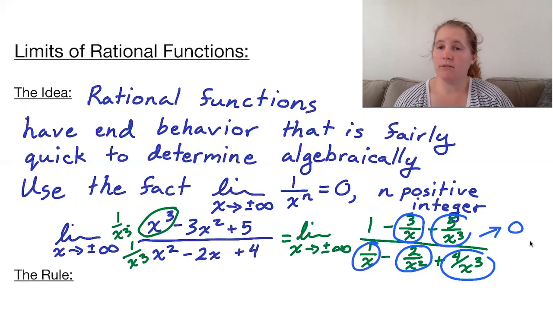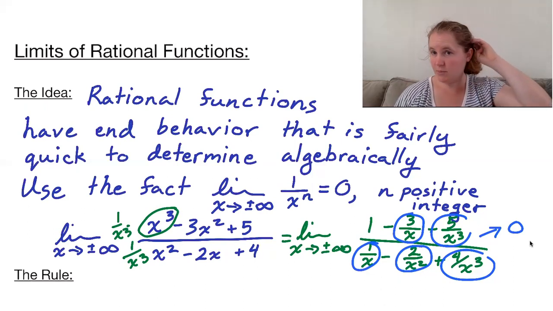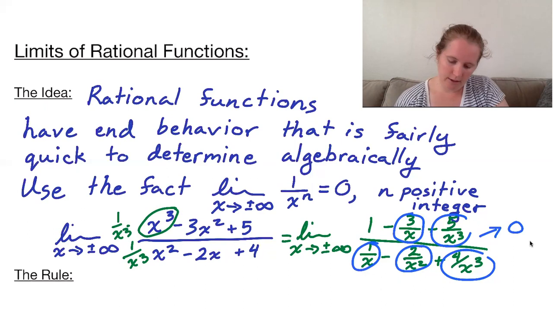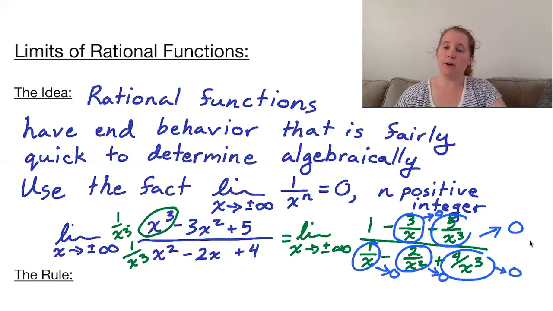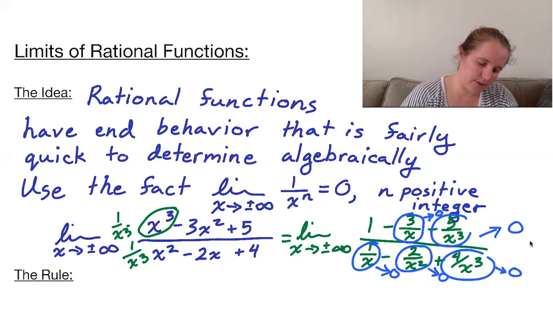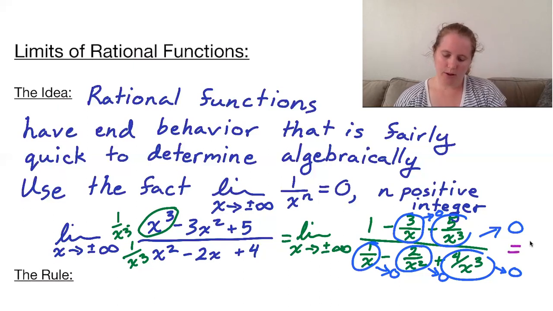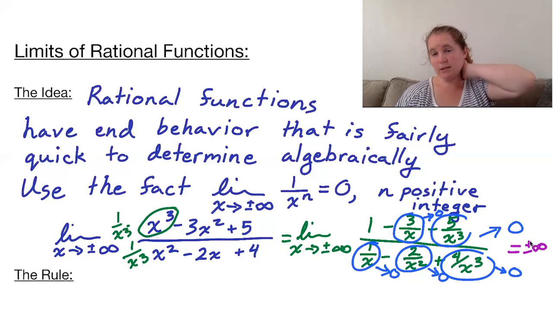And so we can take advantage of this fact and quickly simplify our problem so that we are essentially only dealing with the highest powers and everything else goes to 0. In this case, the numerator would go to 1, and the denominator is going to 0. If we're dividing 1 by 0, we would wind up with either a positive or negative infinity.